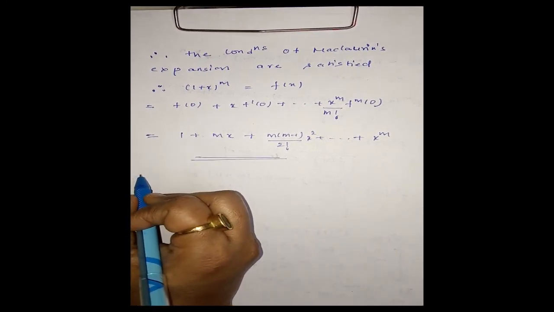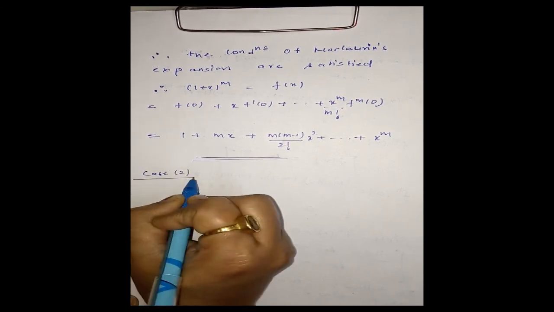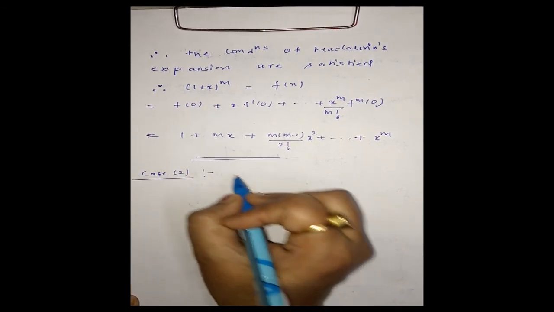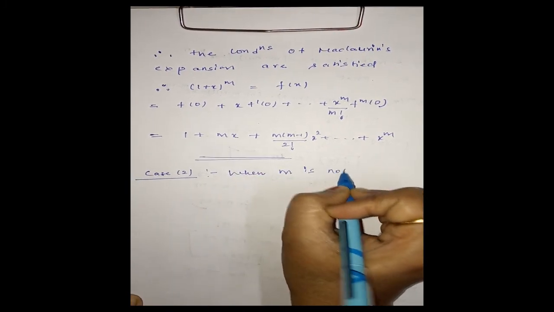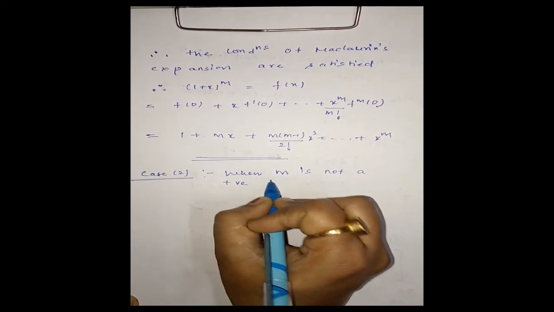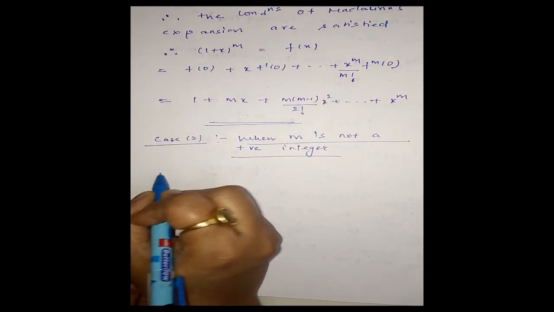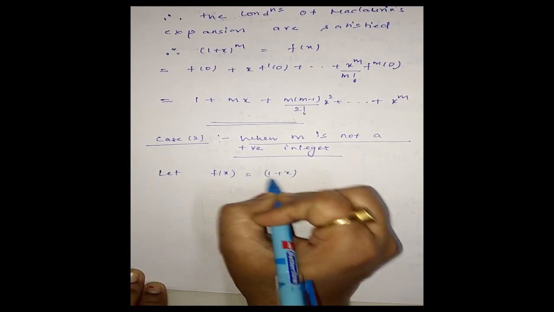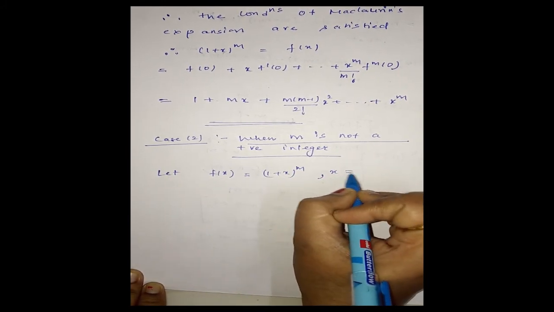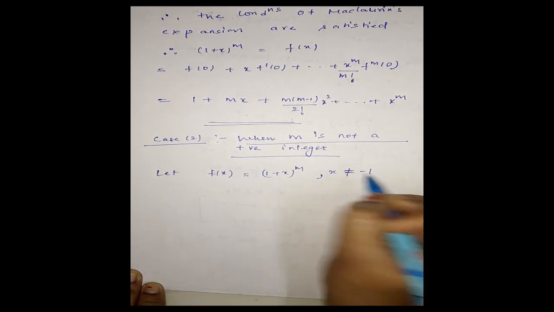Next, we consider the case when m is not a positive integer. m is a real number, but it is not a positive integer. Now let f(x) = (1 + x)^m, where x is not equal to −1.